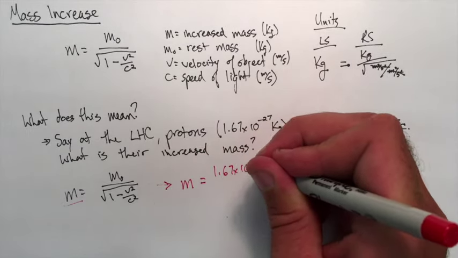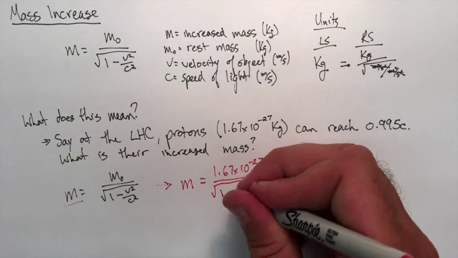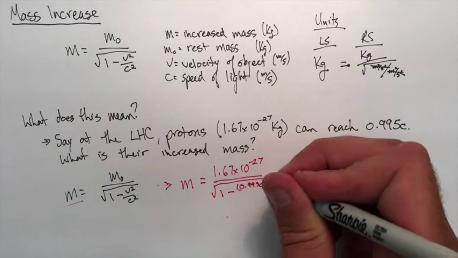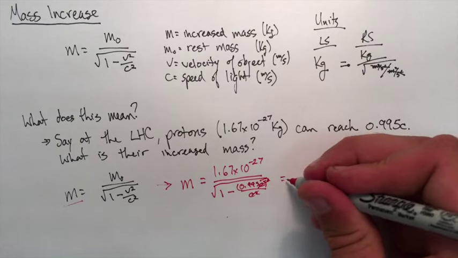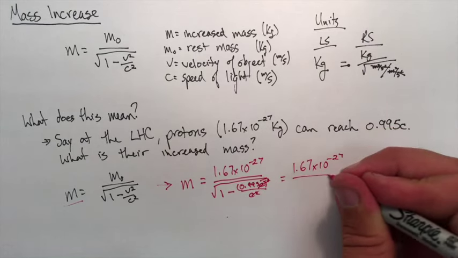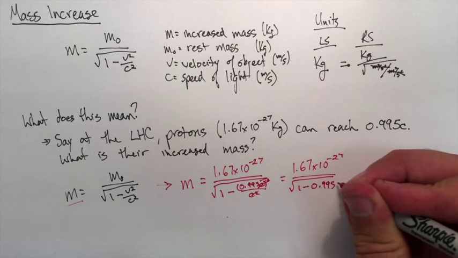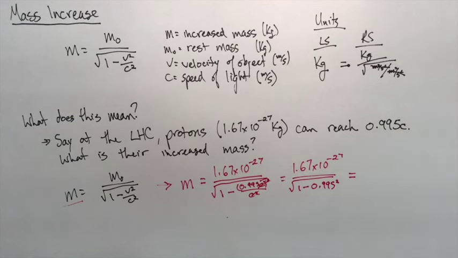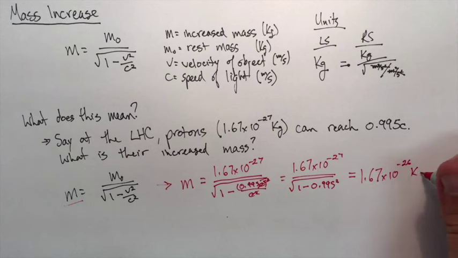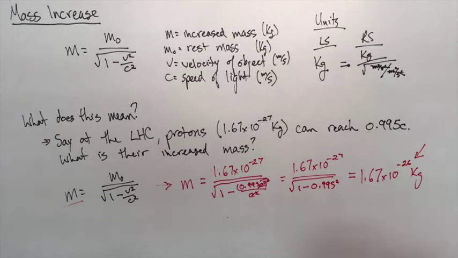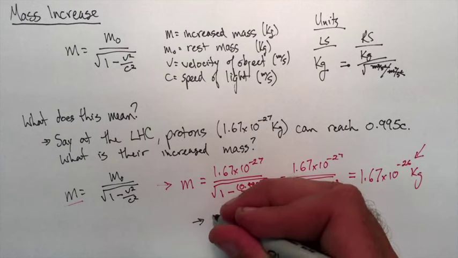So here, m: 1.6 times 10 to the negative 27 kilograms on the top. We put that 99.5% speed of light on the bottom. Again, the c squared's cancel, but notice with 0.995, the square is still applied to it. When we do the calculation, we get 1.67 times 10 to the negative 26.